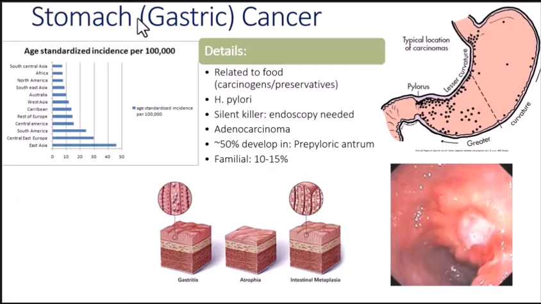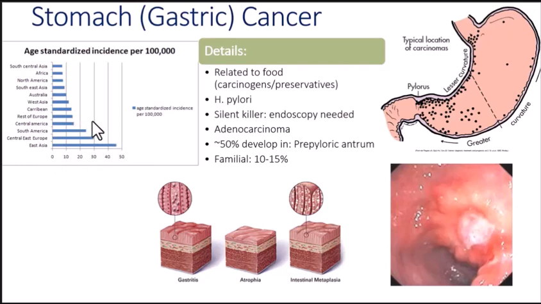Let's move on to speaking more about gastric or stomach cancer, which we know can result from intestinal metaplasia, a precancerous state, as well as chronic ulcers. In areas such as East Asia, as you can see from this graph, rates of stomach cancer have remained quite high, but have declined in North America.